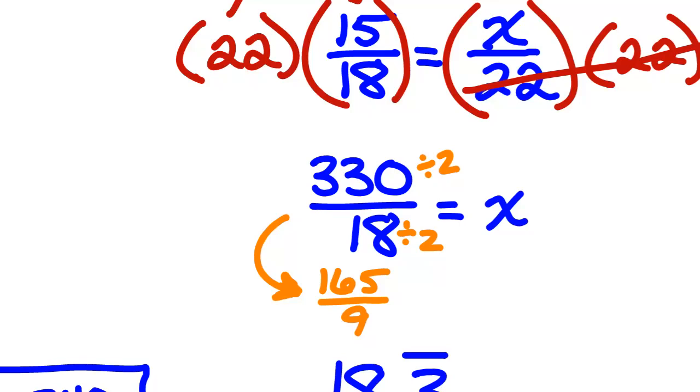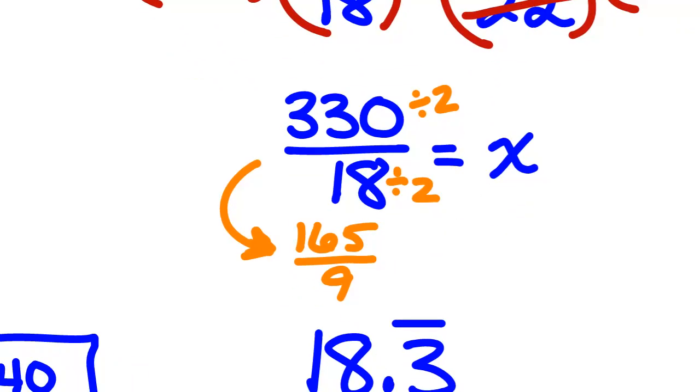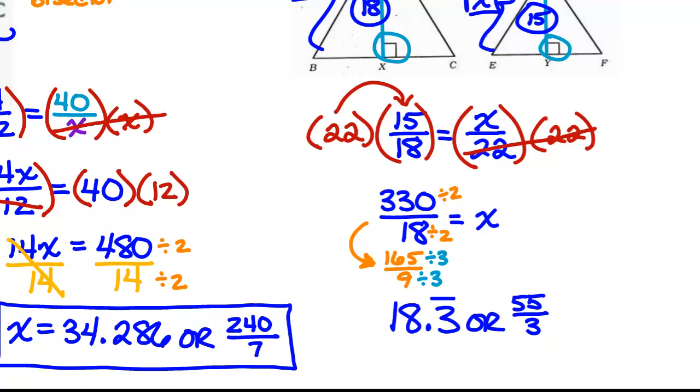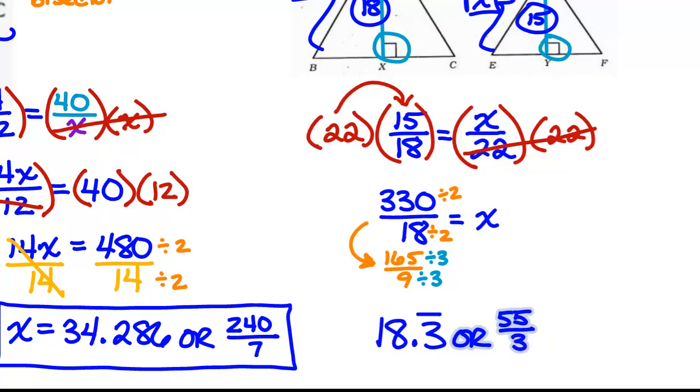Can 3 go into 165? Yes. What is 165 divided by 3? 55. And 9 divided by 3? 3. So 18.3 repeating, or 55 over 3 is equal to x.